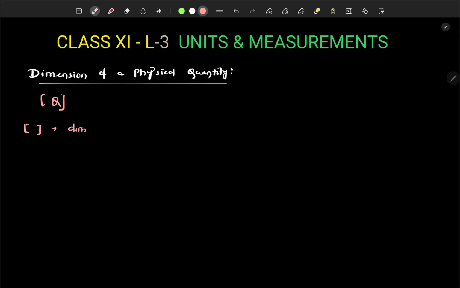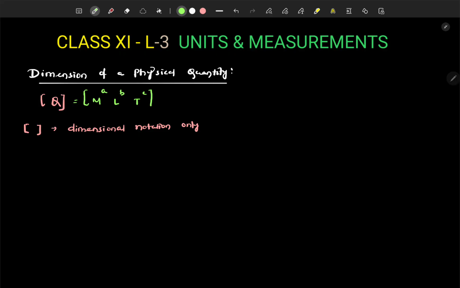So the dimension of Q will be the powers of M, L and T, theta, K, all these things. Suppose I am writing M, L, T: M power A, L power B, T power C.